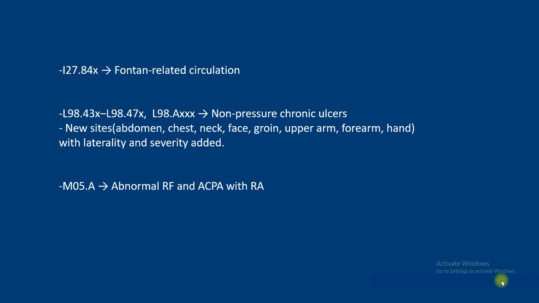Next one is L98.43X to L98.47X and L98.AXXX, non-pressure chronic ulcer. Basically we have a few new codes created for non-pressure chronic ulcer, and they have also provided sites related to these ulcers, which include abdomen, chest, neck, face, groin, upper arm, forearm, hand, with laterality and severity added.